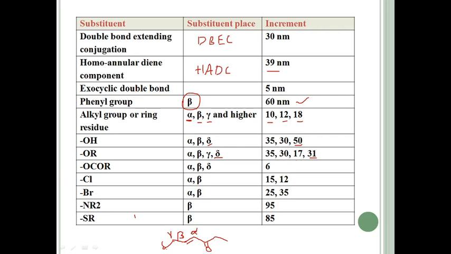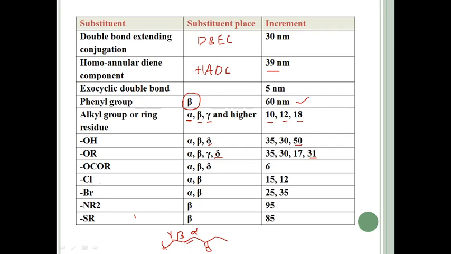Now come to acyloxy substitution. When acyloxy substitution is present at alpha position, you have to give 6 nanometer increment. At beta position you have to give 6 nanometer increment. At gamma position there is no value, 0. At delta position you have to give 6 nanometer increment for the case of acyloxy substituent. Now come to chloro substituent.